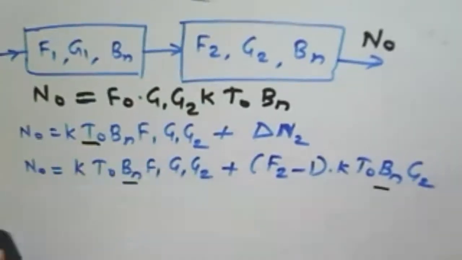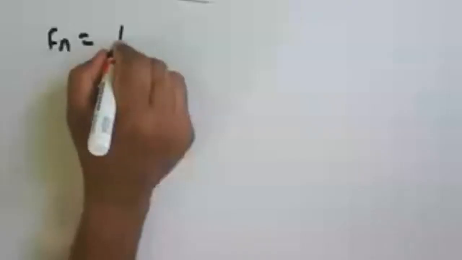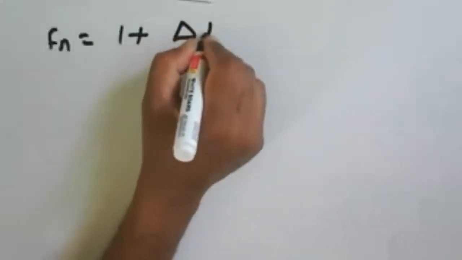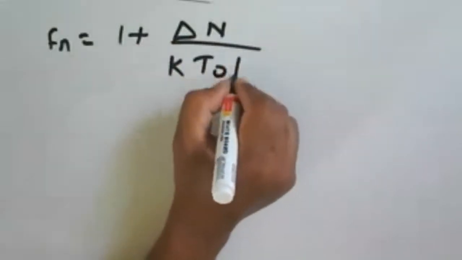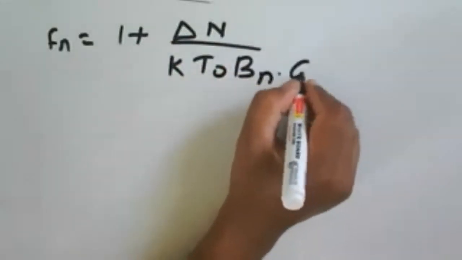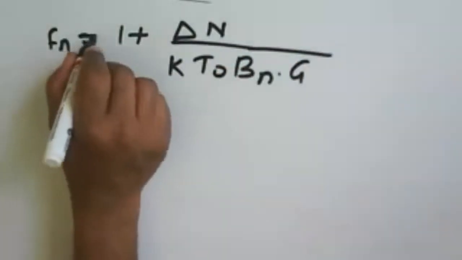Already we have seen that the noise figure Fn is equal to 1 plus delta n by k T0 Bn, and this is about the noise.